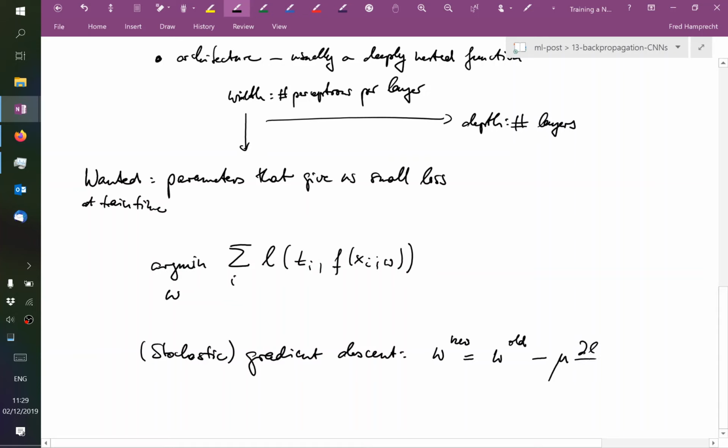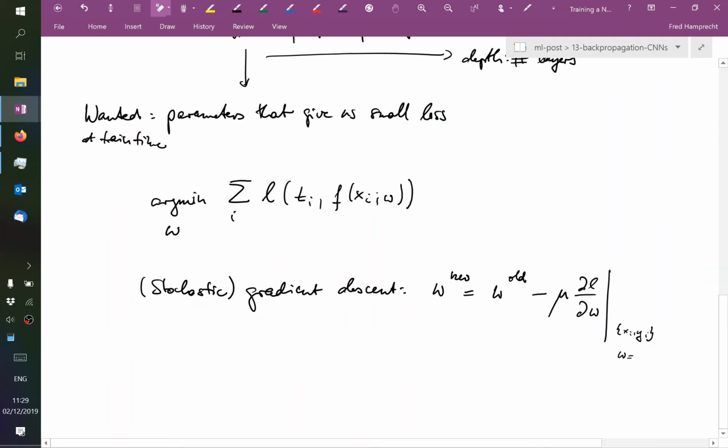And then I need this derivative of the loss with respect to the parameters. And this is evaluated at the training data, so at certain values for xi, yi, and evaluated at the old parameters.